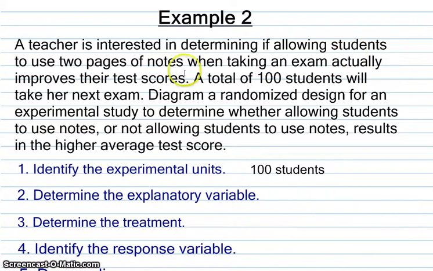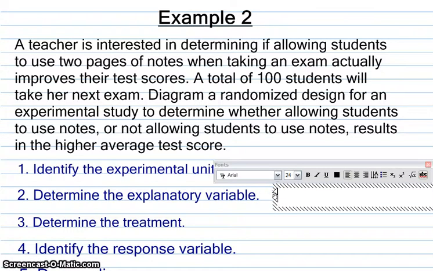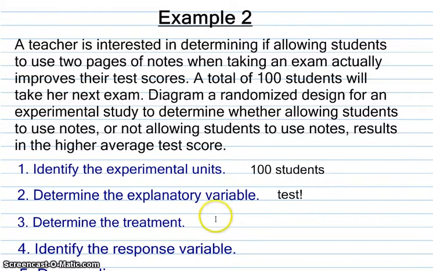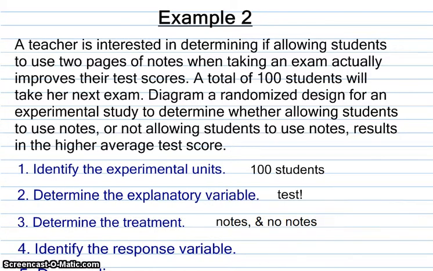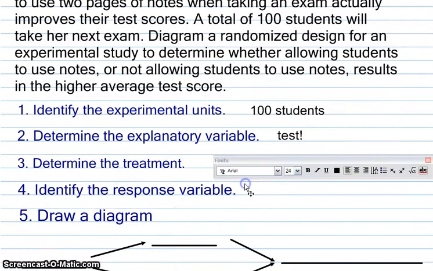So we're taking an exam, whether to use notes or not to use notes. So our explanatory variable here is the test. The treatment, these are the 2 different versions we've got. We've got notes and no notes. Now the response, or the outcome we want to see, is which one's going to have the higher average test score. So that's our response.